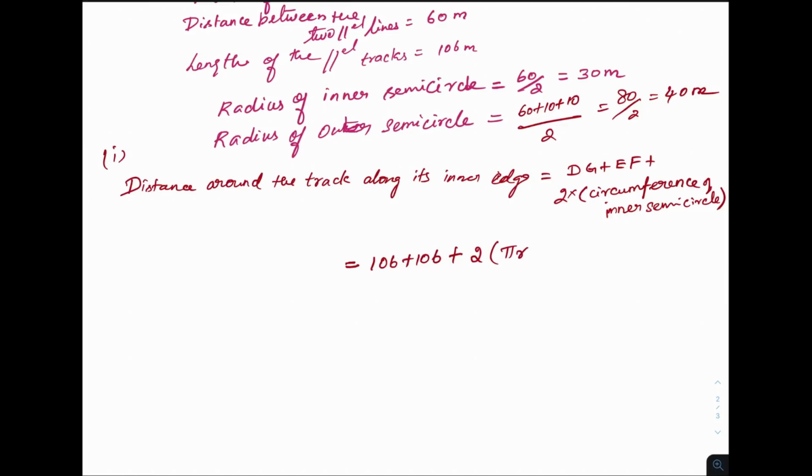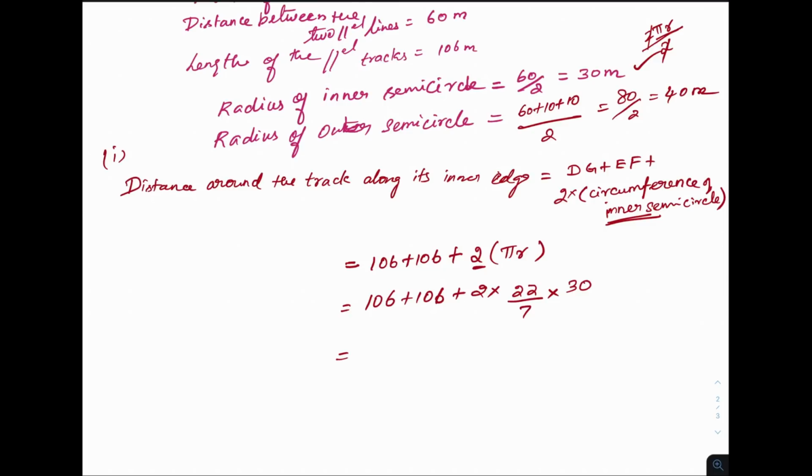into pi r. What is the circumference of a circle? We know that is 2 pi r. So for the semicircle, divided by 2, 2 and 2 get cancelled. So pi r. So 2 times pi r. So 106 plus 106 plus 2 into 22 by 7 into 30. This is only for inner semicircle. Inner semicircle's radius already we know 30.